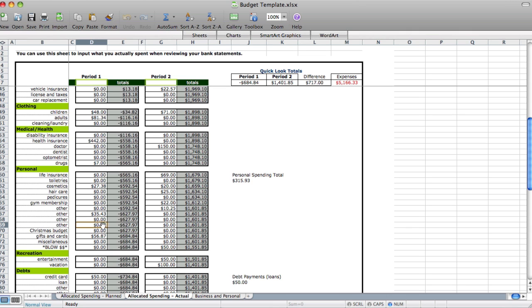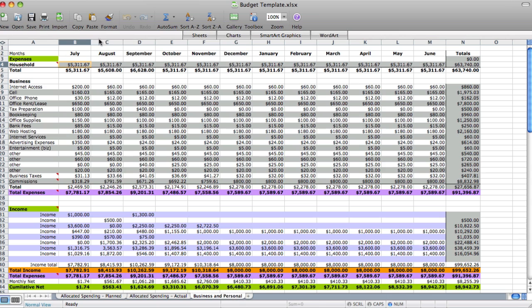I'll just lump it into a column here and call it other. That way I get an accurate overall expense. So at the end of July, I may realize I spent 5,450 or 5,600, or maybe I spent 4,750 as an example. It's not actually my budget.